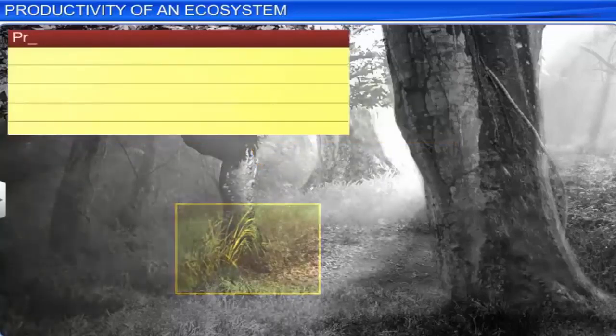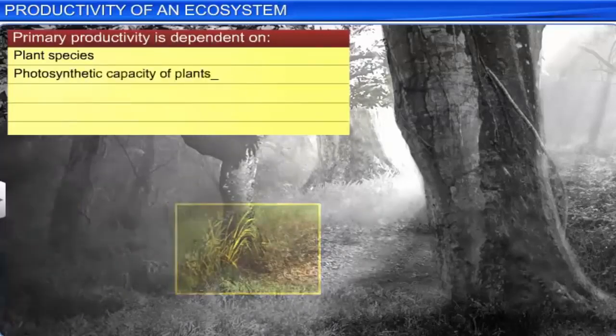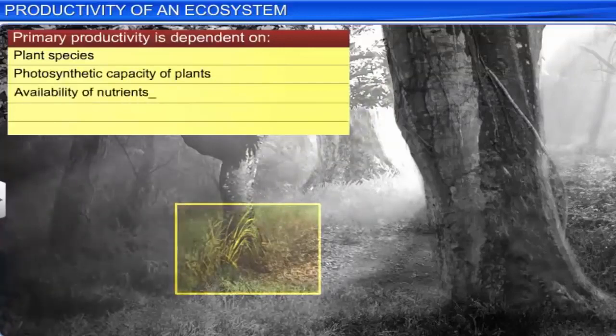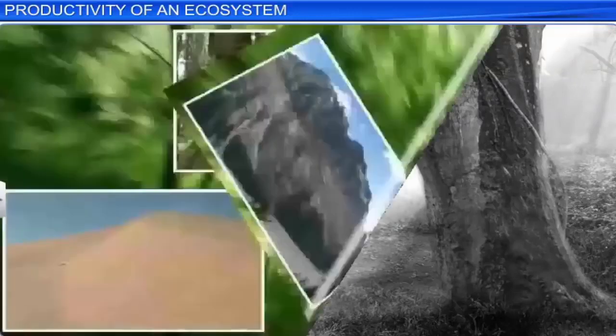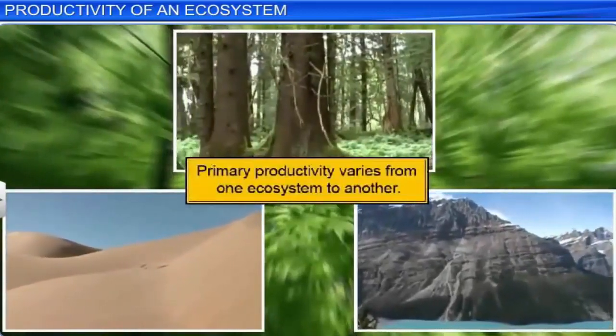The primary productivity of an ecosystem is dependent on the plant species inhabiting the area, and several other factors such as the photosynthetic capacity of plants and availability of nutrients. As a result, it varies from one ecosystem to another.